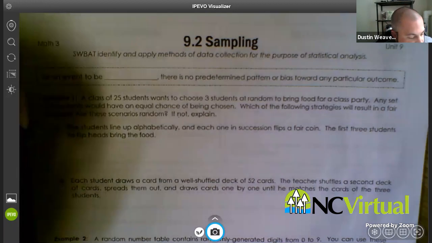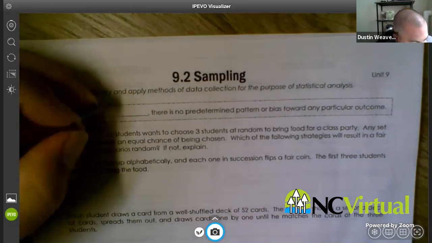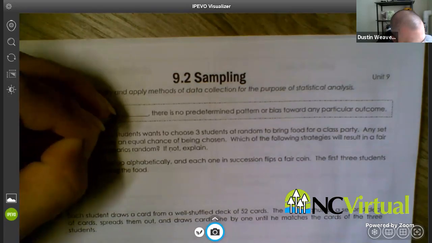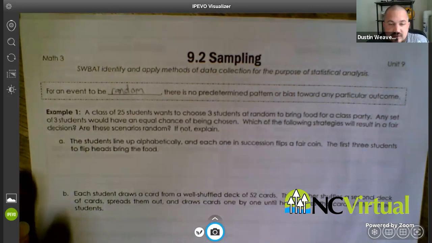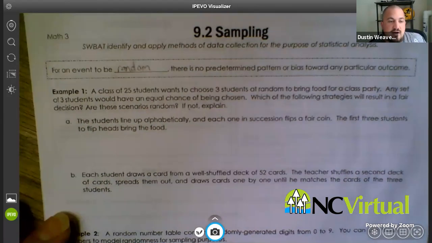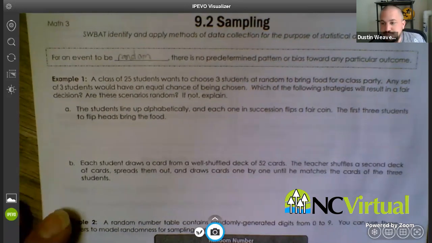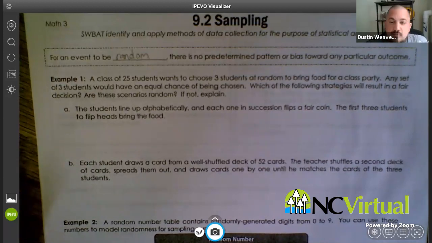For an event to be random, there is no predetermined pattern or bias toward any particular outcome. So when we say something happens at random, that means there's no predetermined pattern and there's no bias towards one thing or the other.